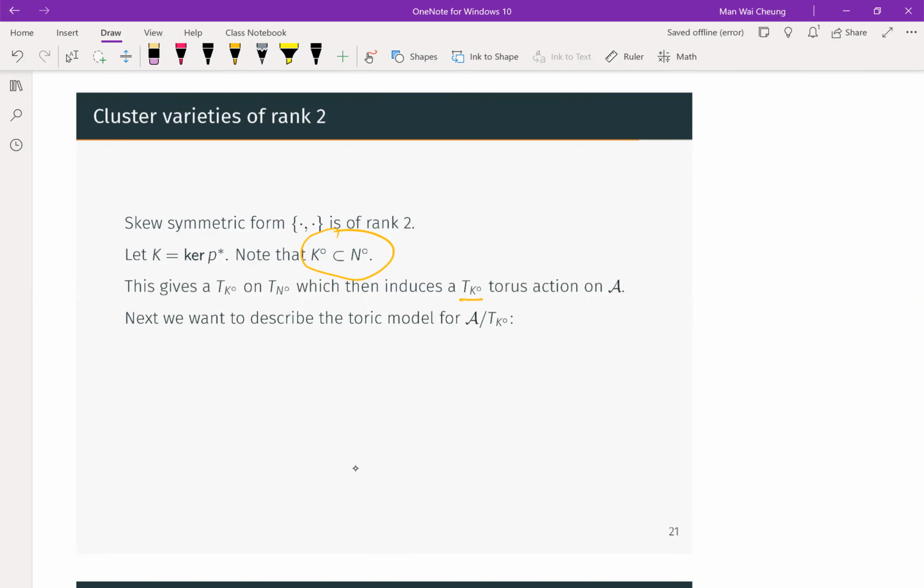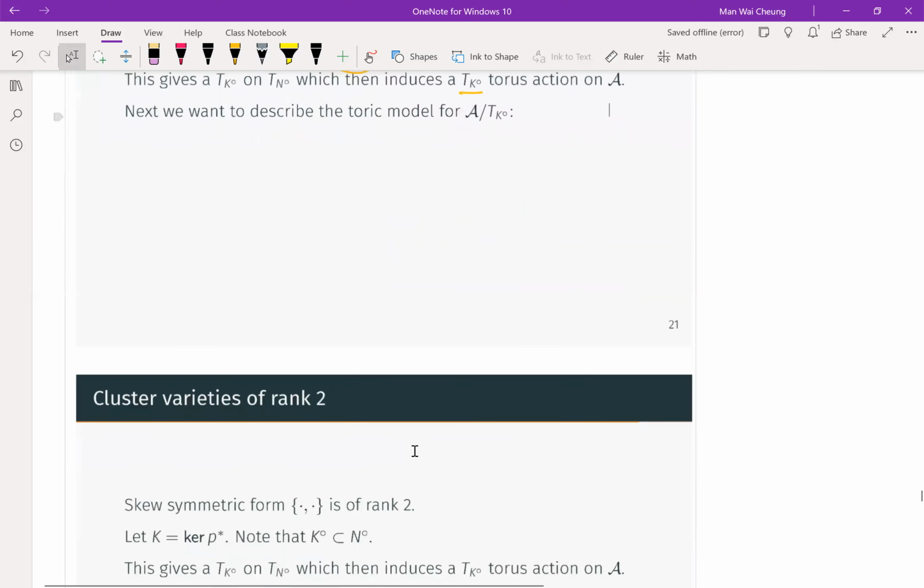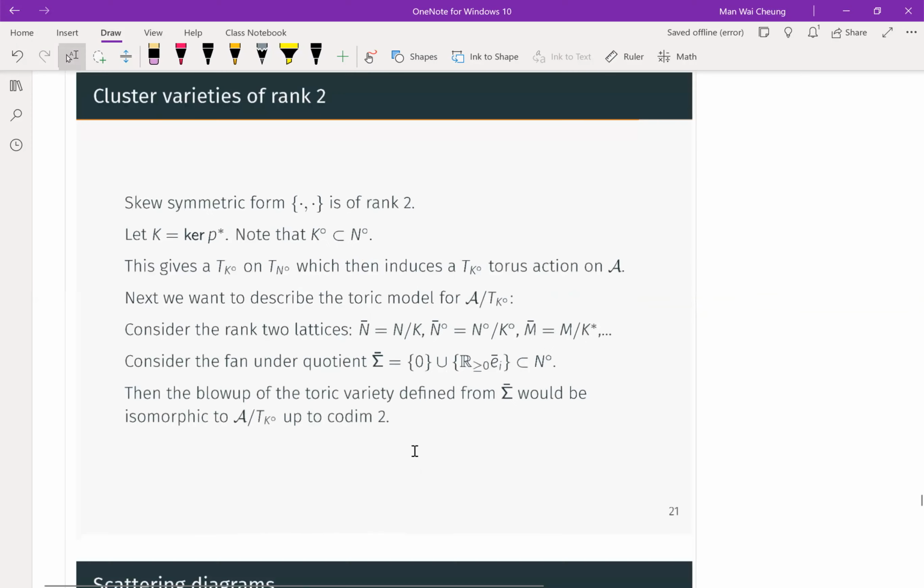And then what we want to do is look at the quotient of the A variety by this T_K action, and do everything in parallel, analogously, and describe the torus model of it. So we have the lattice, and we quotient everything by K. It's long, but the idea is very nice.